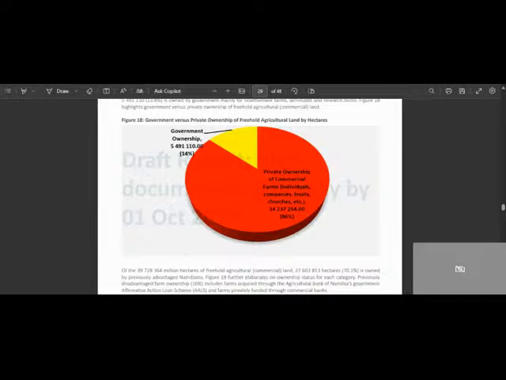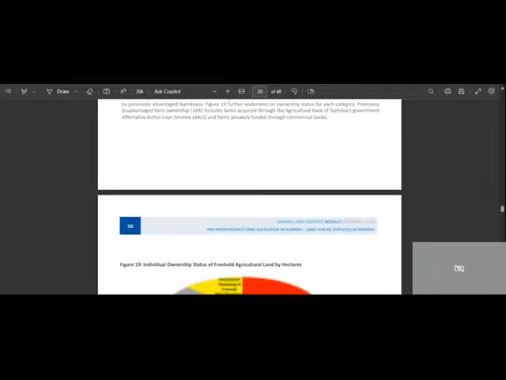This is government versus private freehold land. This is what we talk about. 5.4 million hectares are owned by the government. 34.2 million hectares are owned by individuals, companies, trusts, and churches. Mostly individuals.